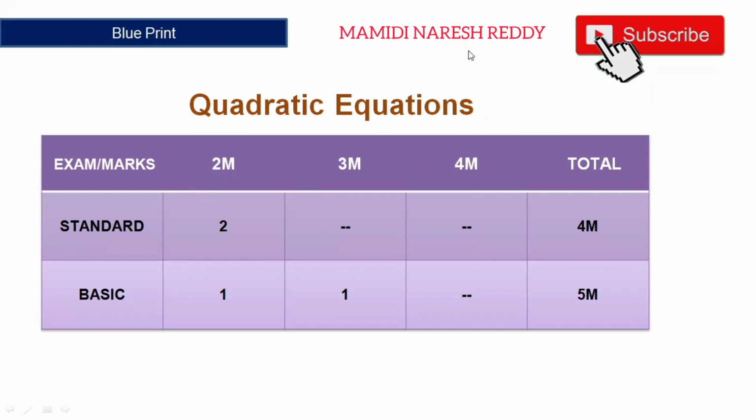From this chapter, in the standard mathematics paper we get only 2 marks, we don't get 3 marks and 4 marks problems. Whereas in the basic question paper, you will get one 2 marks problem and one 3 marks problem, so totally 5 marks. In the standard paper, we get only a 4 marks problem from quadratic equations.